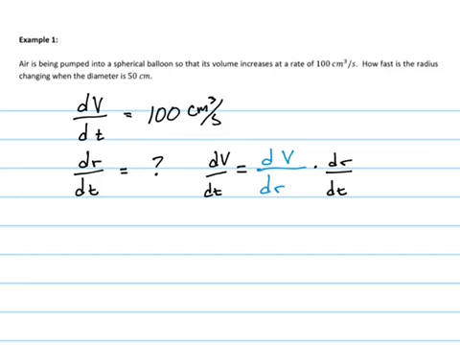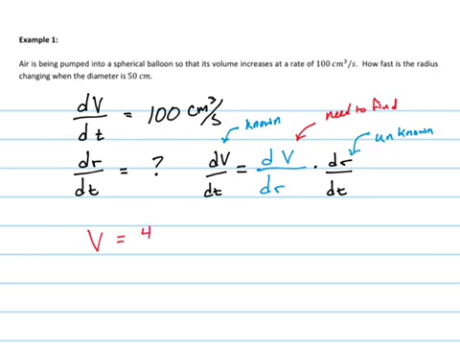So what we don't know is this one. What we do know is this one. What we need to find in order to find that unknown is this one, which we can do using our equation.